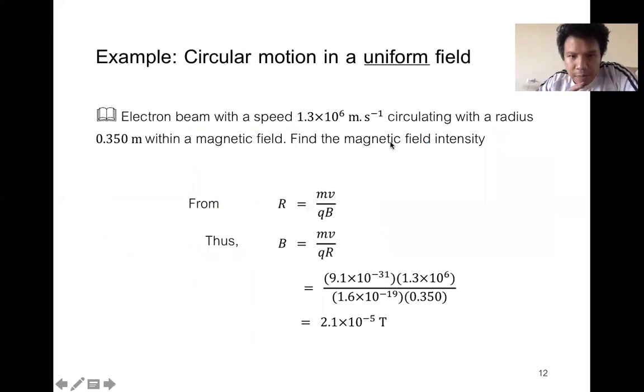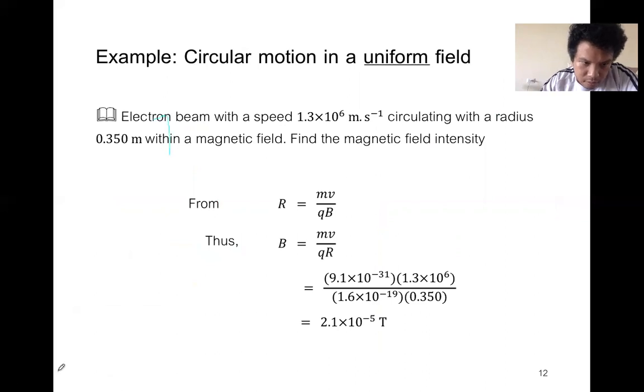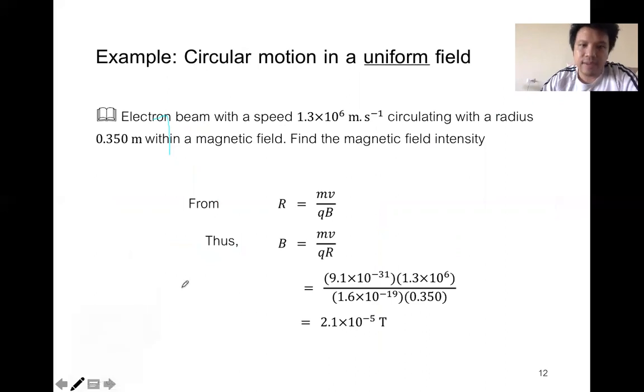Okay, so here is some sample calculation. Change the pen color a little, back to red. So, an electron beam with the speed V circulating with radius R, and they ask you for the magnetic field.